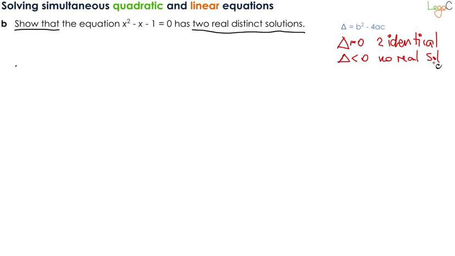And the reason for this is because delta is under the square root, so we can't have a square root of a negative number. So what we have to show for two real distinct solutions is that delta is greater than 0. So in this case, there are two real distinct solutions.